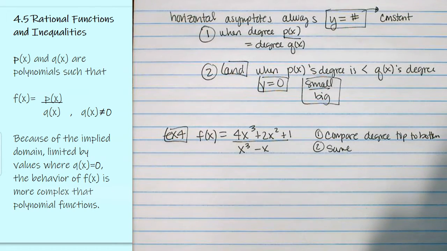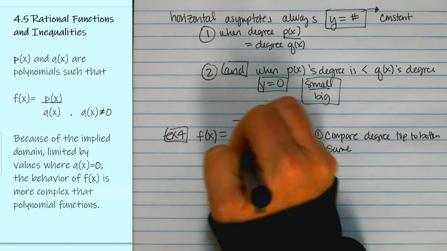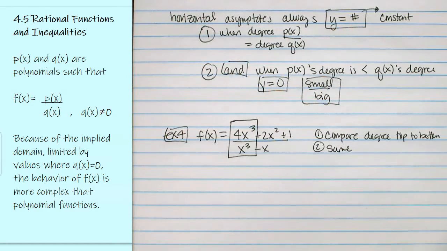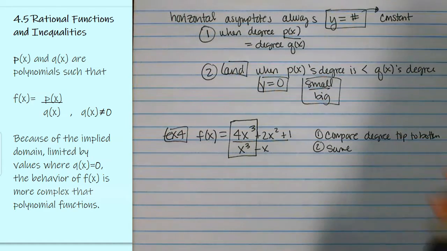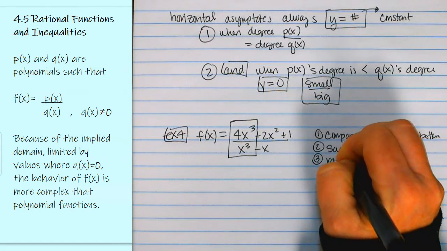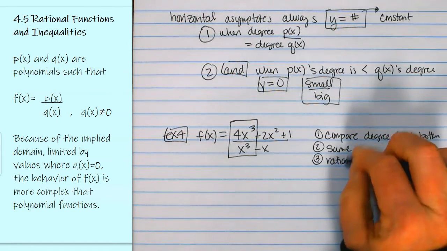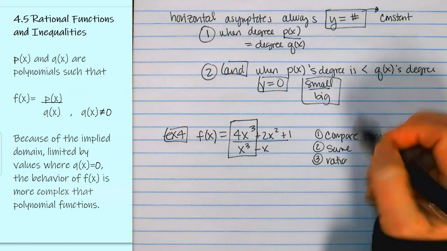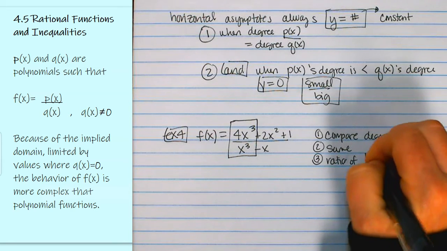So if they're the same, we're going to look just at those terms that have the same degree, and we're going to look at the ratio of the leading coefficients.